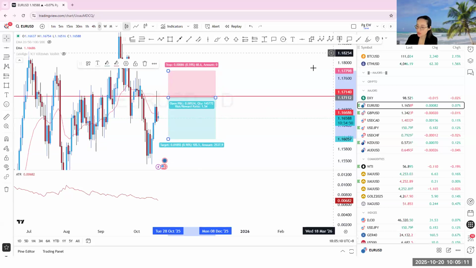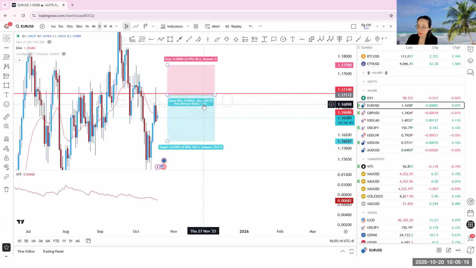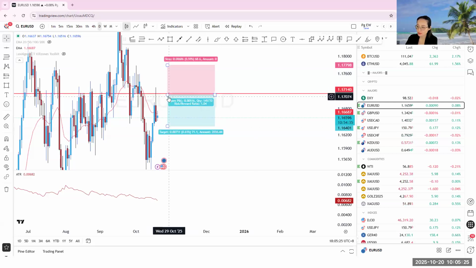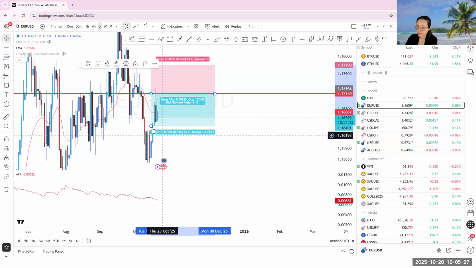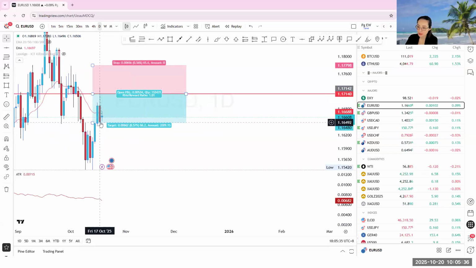You want to aim for just 1-to-1 risk and reward, meaning over here is 1 risk and reward. Let's just say the take profit is somewhere here. Meaning that if you were to sell here when price is rising, it almost hits your TP already, and it does not hit your stop loss.